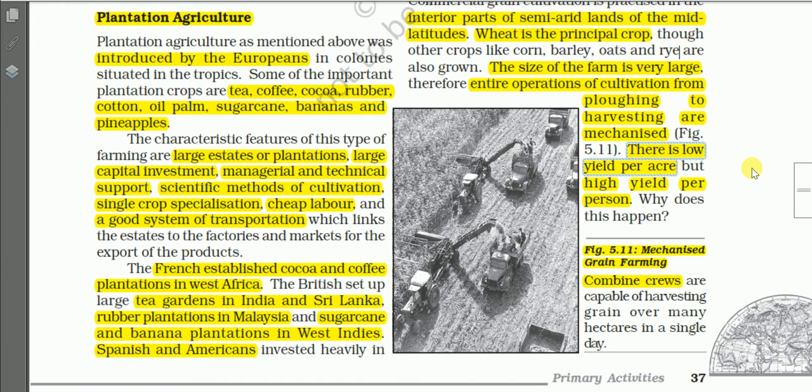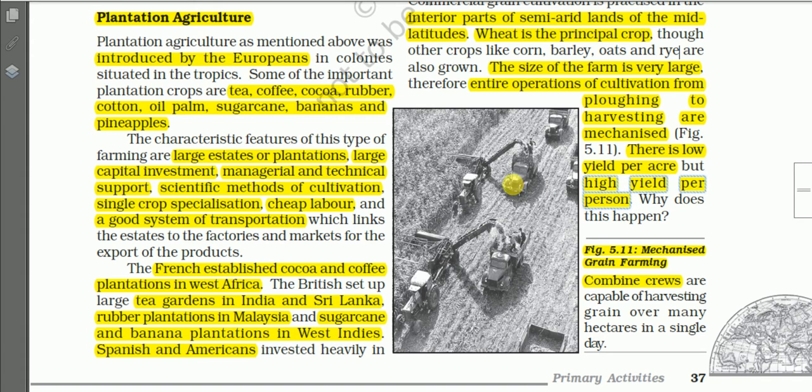However, when we divide the total products by the area, the productivity is low. That means productivity per unit area of land is low because the size of the land is big. However, yield per person is high because thousands of hectares of land are cultivated and harvested by a single person using machines.